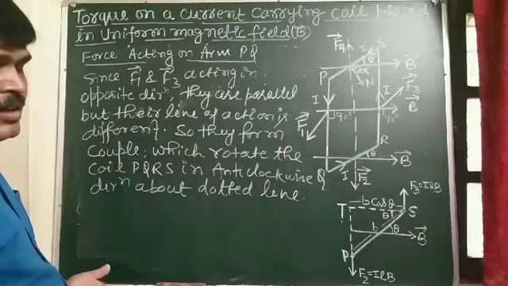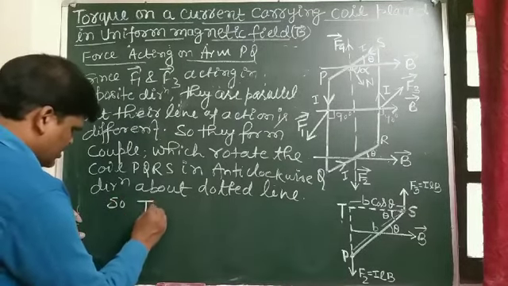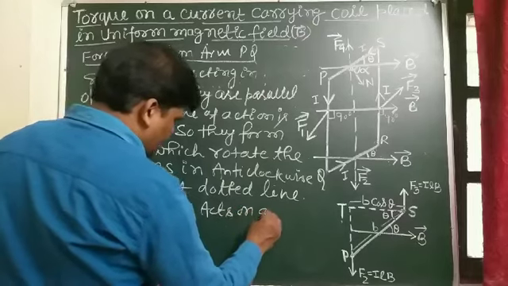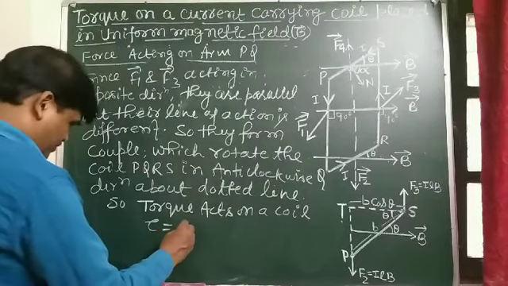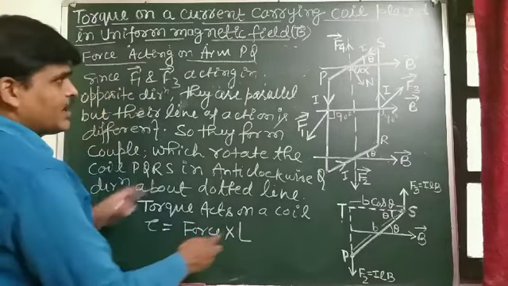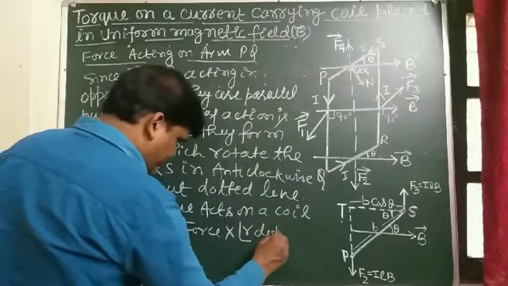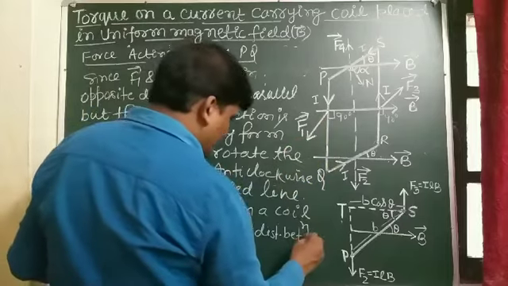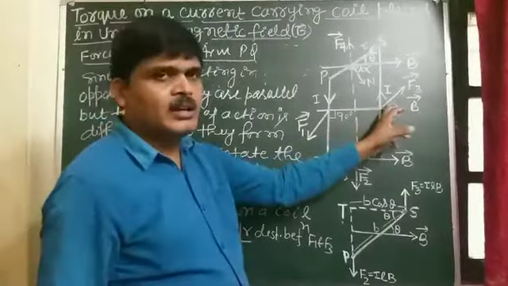So torque acts on the coil, and you know that torque is the force acting on either arm into the perpendicular distance between the two forces, F1 and F3.